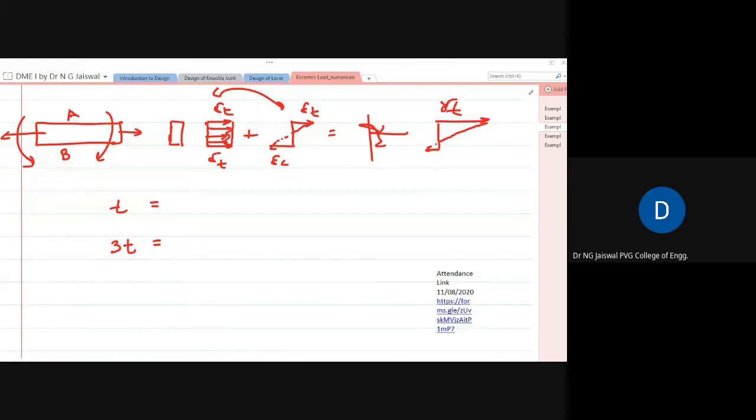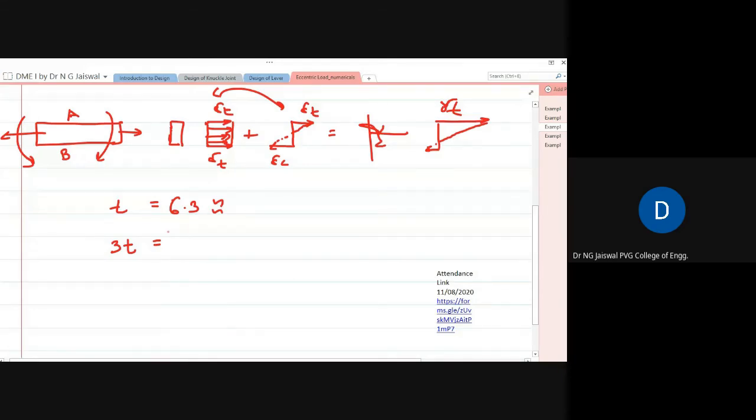Okay, so T is 6.3 mm. 6.3 is a very small dimension, no? That's why it is not rounded to 7, etc. Because you get a large difference between the rounding off and the actual number. You can make it 6.5, or you can even keep it 6.3.